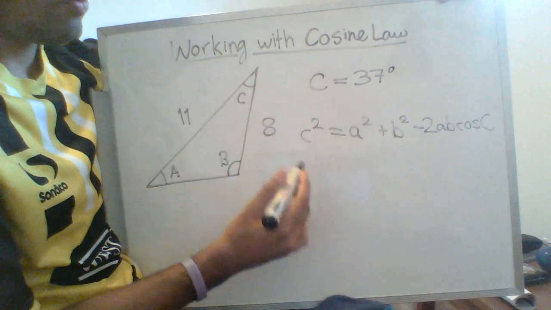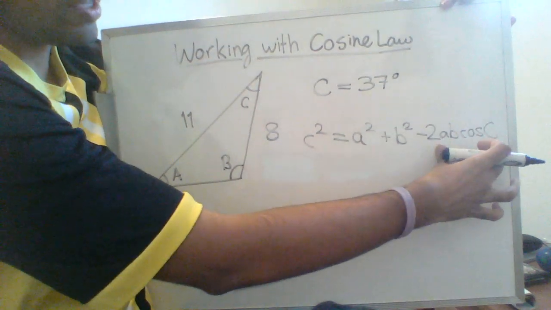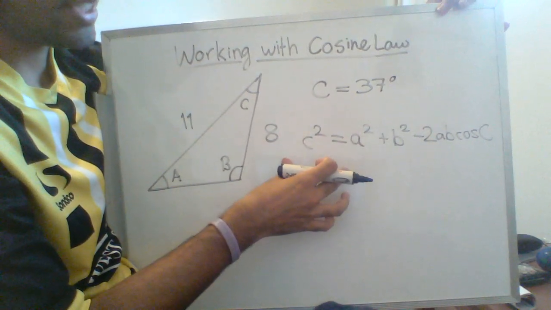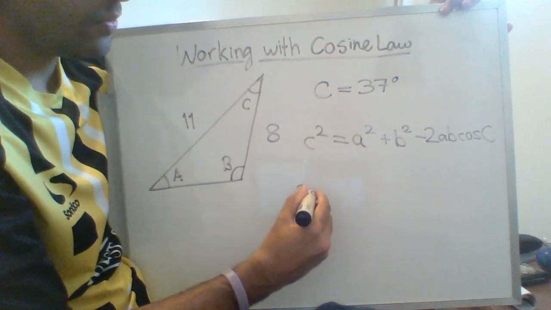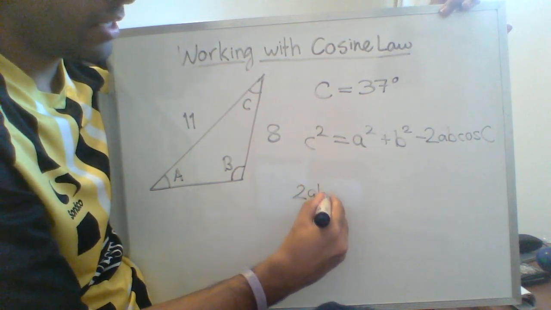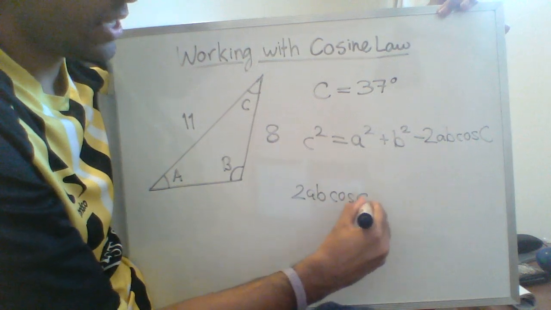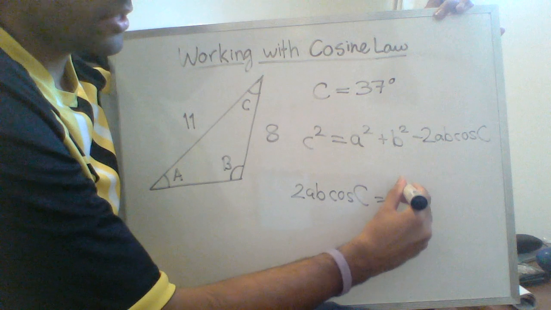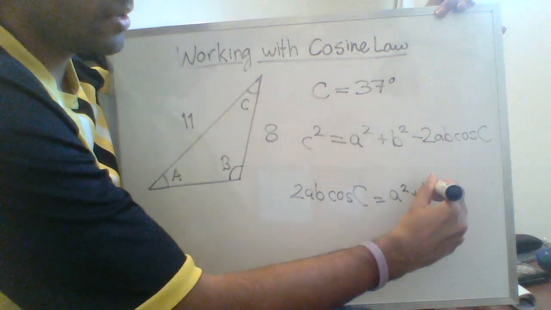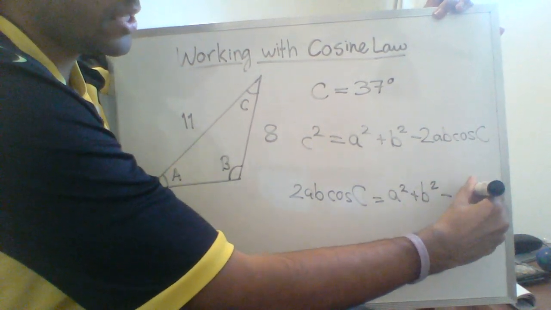And then you can rearrange this by moving the 2ab cosine c over to the other side, and it becomes positive. So you get 2ab cosine of big C equals a squared plus b squared minus small c squared.